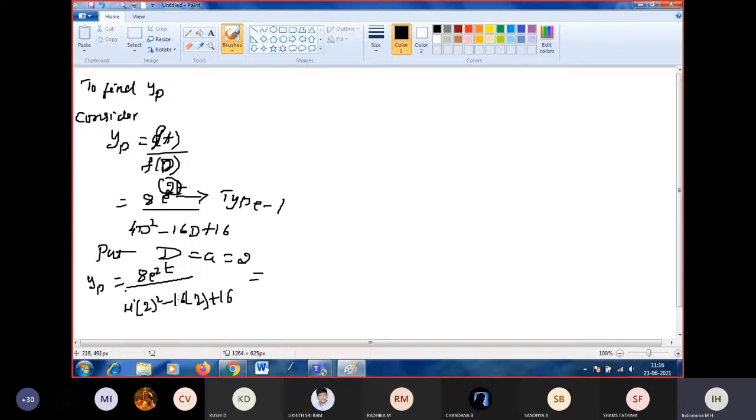What did you get in the denominator? 0. If the denominator is 0, what should we consider? Multiply the numerator by t and consider the denominator as f dash of D.